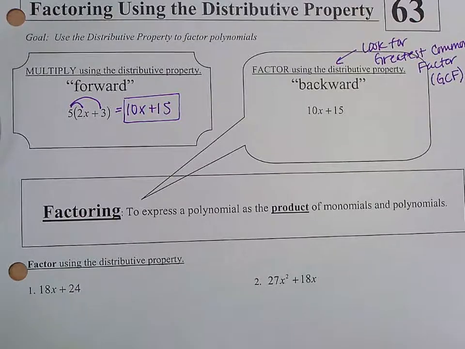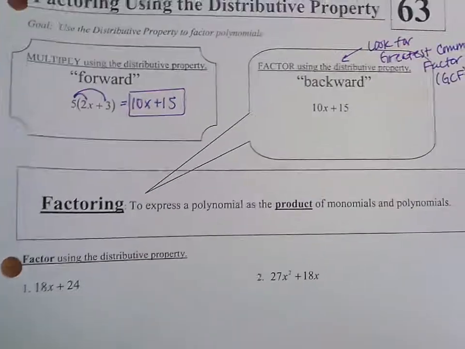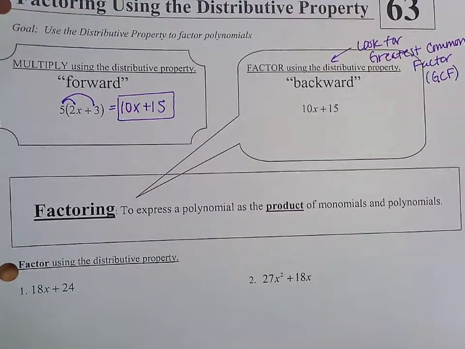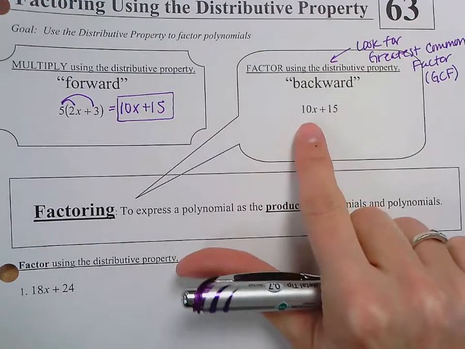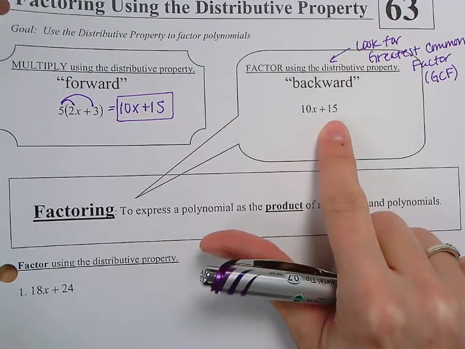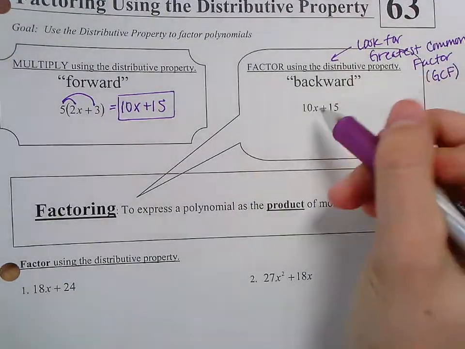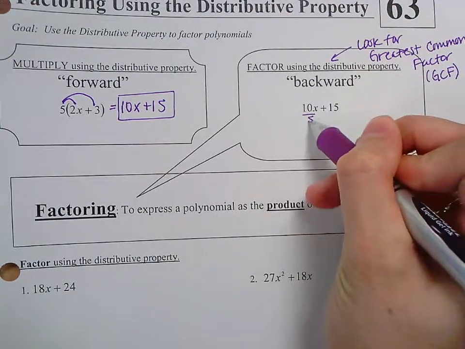And that's where you could be looking at your sheet. If you're not sure, you would look at the numbers 10 and 15 and find the biggest factor they have in common. So that's where your sheet can be helpful. But what do 10 and 15 have in common? 5. Okay, so then you divide them both by 5.